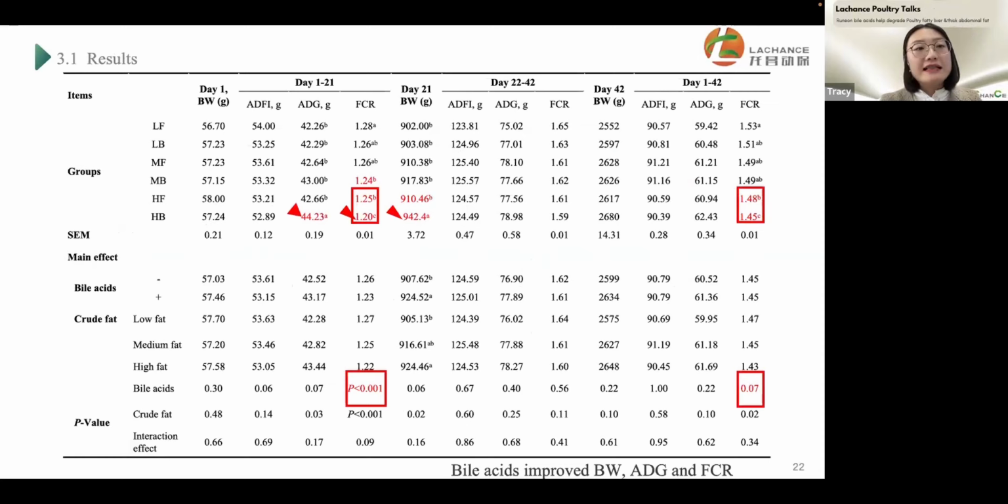Well, first of all, let's see the results of growth performance. You can see from these red numbers that adding bile acids improves the body weight, average daily weight gain, and FCR. This is the average daily weight gain, and this is the FCR.